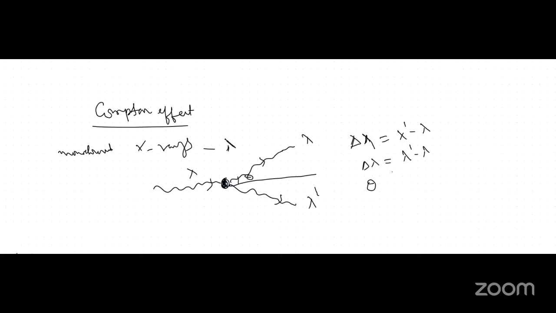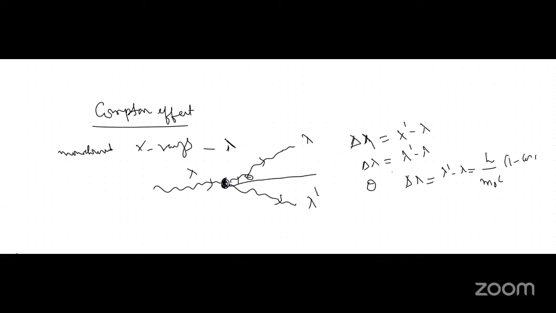So this Compton shift, delta lambda, is equal to lambda dash minus lambda, which will be equal to h by m naught c into 1 minus cos theta.